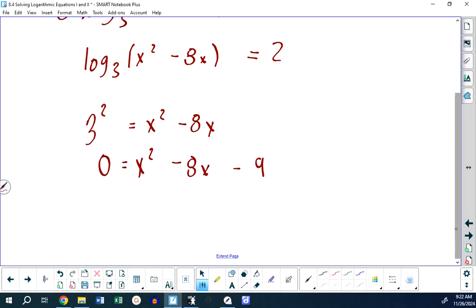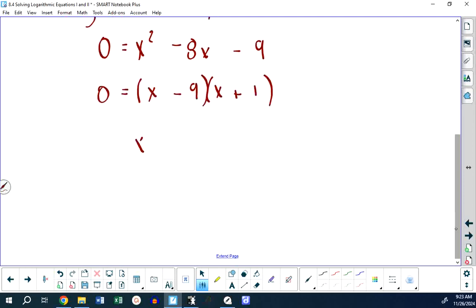I'd be blown out of the water if I saw something that would require the quadratic formula. Okay? Watch, it's going to happen. I think it's x minus 9, x plus 1. Which means that x is equal to either 9 or negative 1.